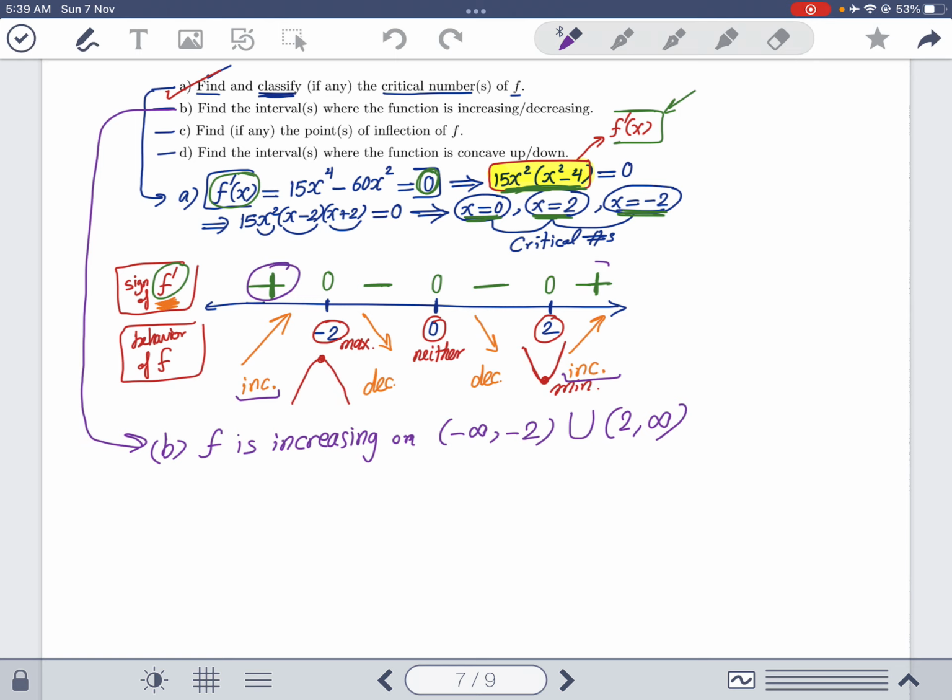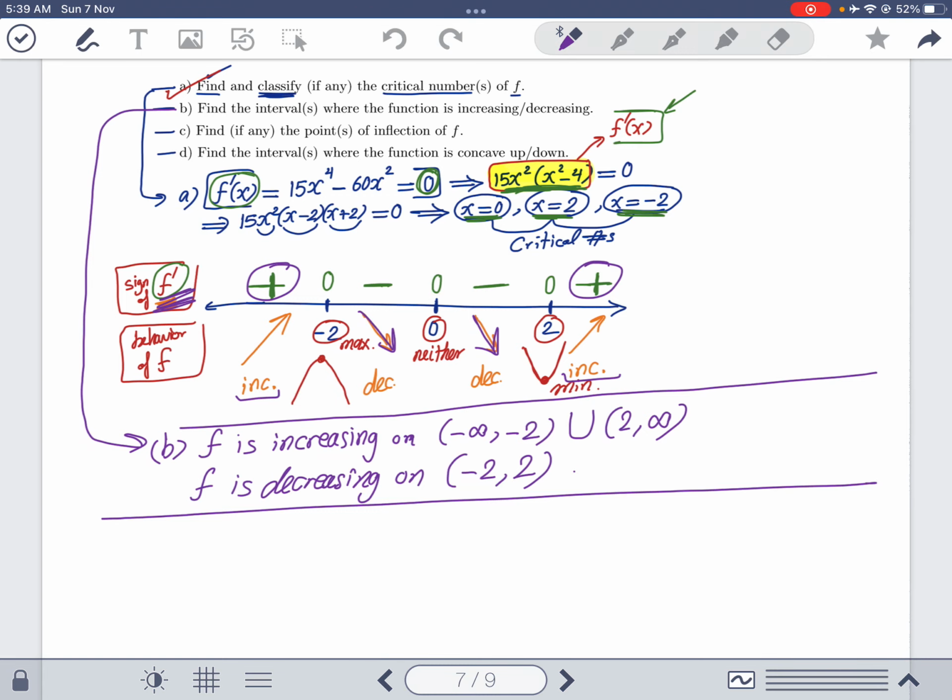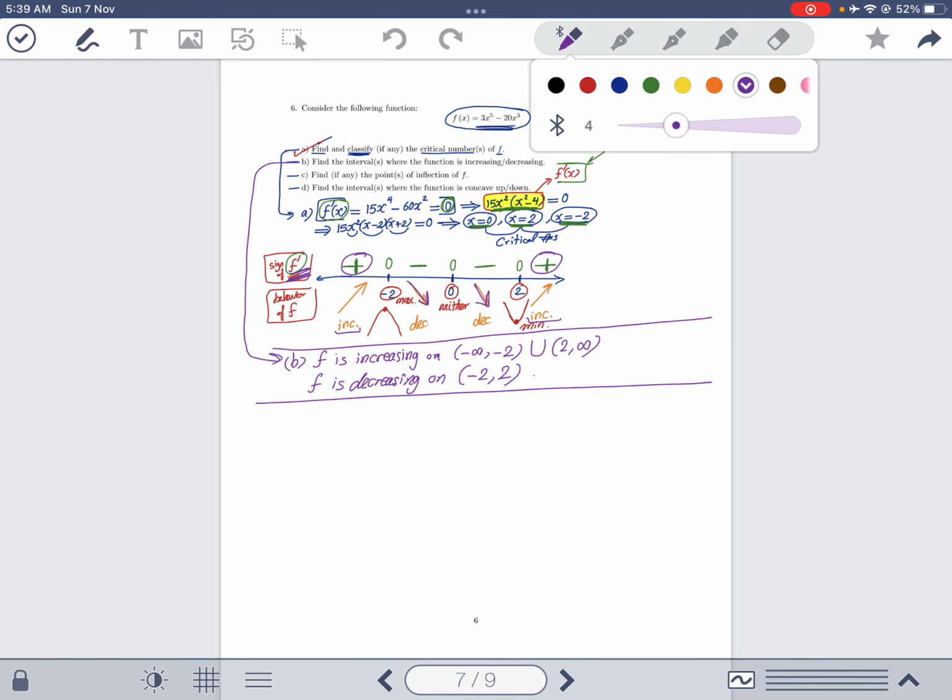Those where you have the pluses for f prime, so it means increasing for f. And f is decreasing on the interval between -2 and 2. So this answers part B, and we can go to part C.